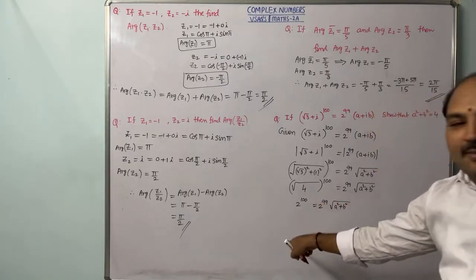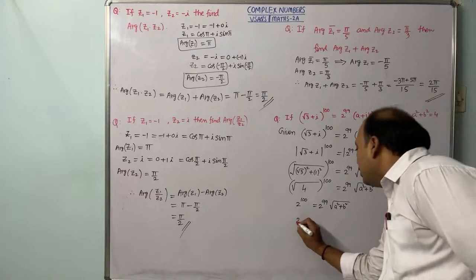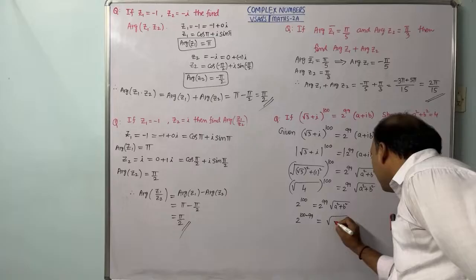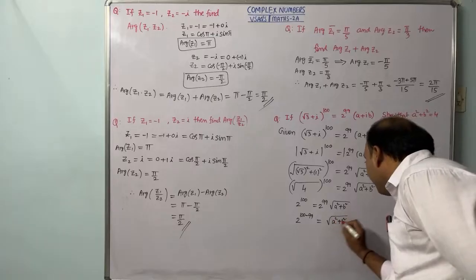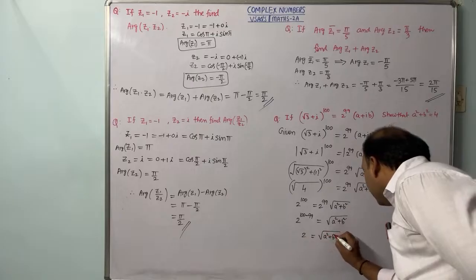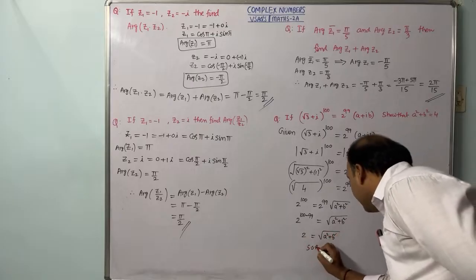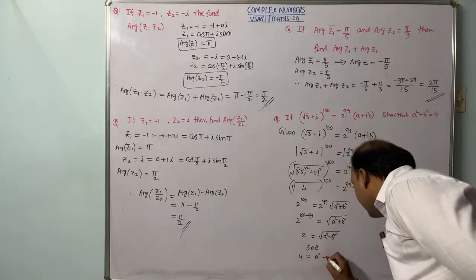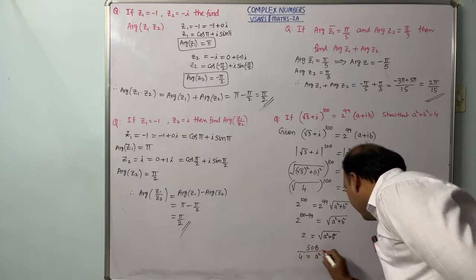Bring 2 power 99 to this side, it will become 2 power 100 minus 99 is equal to root of a square plus b square. So 2 equal to root of a square plus b square. Squaring on both sides, 4 equal to a square plus b square.